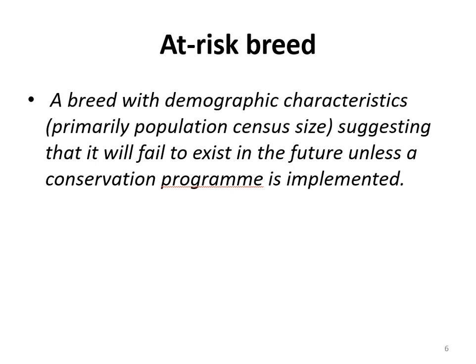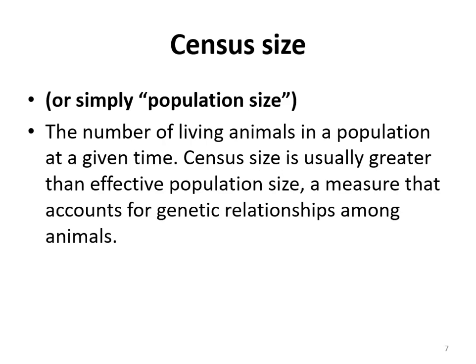I will talk about the various classes of risk in a different lecture, but for now we just need to assume that if a breed has a very limited population size, we can think it is a breed at risk. And census size is simply population size. It is the number of living animals in a population. It is slightly different from the effective population size, which is the number of breeding males and females of a breed, and it accounts for genetic relationships among animals.